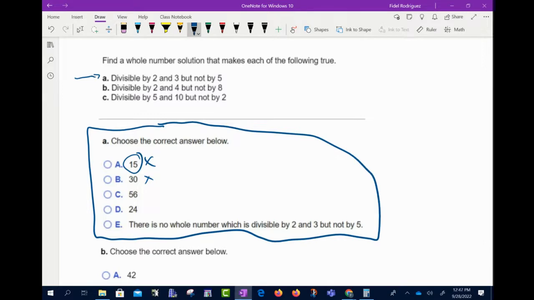Remember, as long as it ends in an even number, I can divide it by 2. Now, if I wanted to know if I could divide it by 3, I would say, what's 5 plus 6? That would give me 11. But I can't divide 11 by 3, so no, that doesn't look right. By 2 and by 3, but not by 5. Yeah, 2 goes into 24. 3 also goes into 24, but not 5. So my choice here would be D.